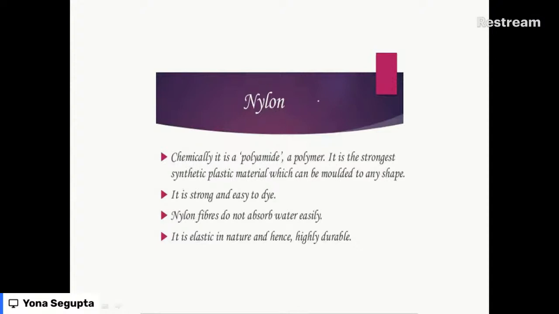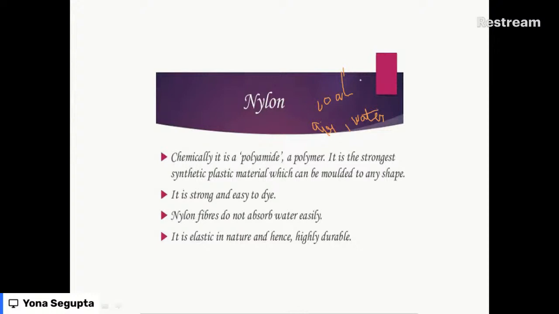It was prepared from, let me write it down, first is coal, air, and water. Sorry for my handwriting, don't mind it. I can't write well without my pen, and there is no mouse here with me.